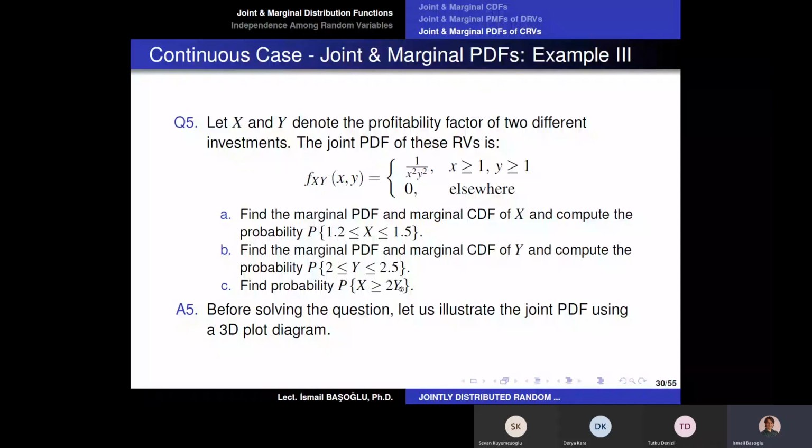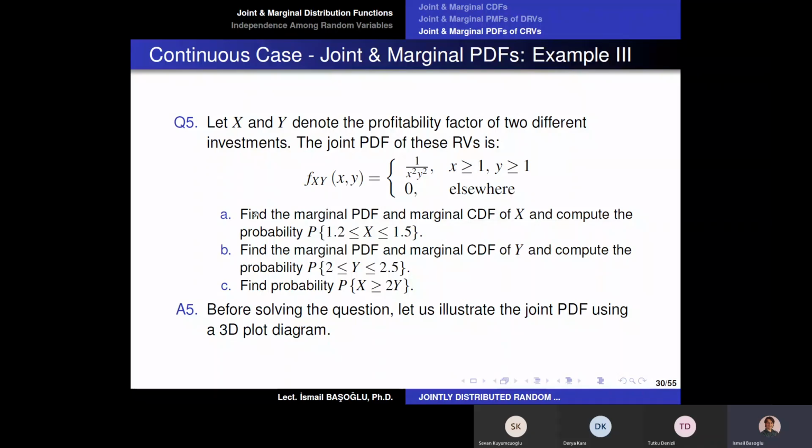If we ask this question in that manner, for example, what is the probability of the profitability factor of the first investment being at least 2 times larger than that of the second investment? That question is exactly asking that probability. So you need to be very careful in reading statements and converting them to mathematical expressions.